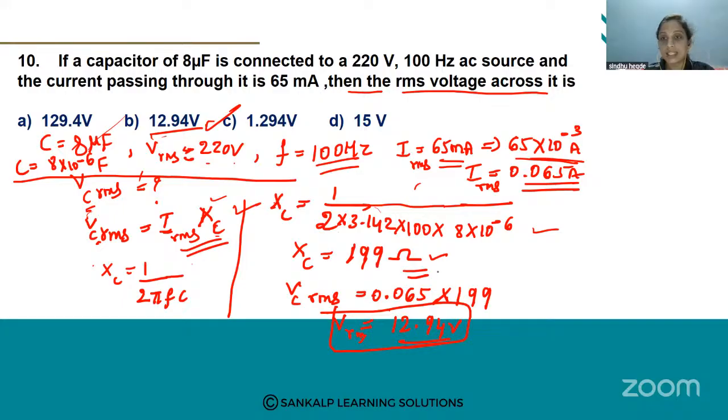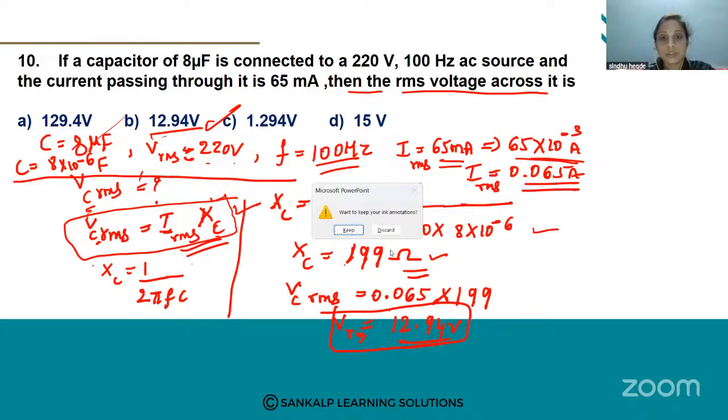That is 199 ohm. Okay. Then finally, substitute this XC in your main formula, VCRMS is equal to IRMS into XC. So finally you get 12.94 volt. This is the solution.